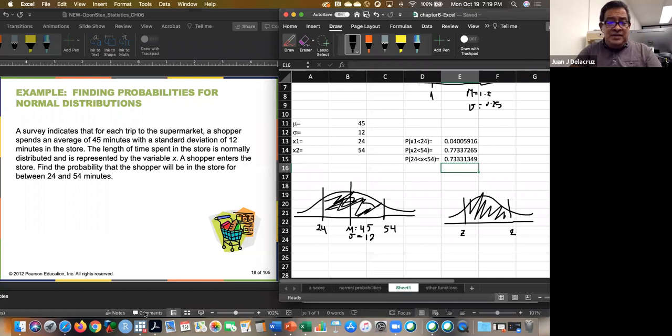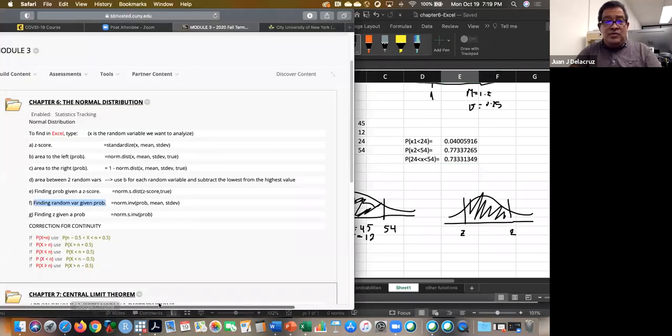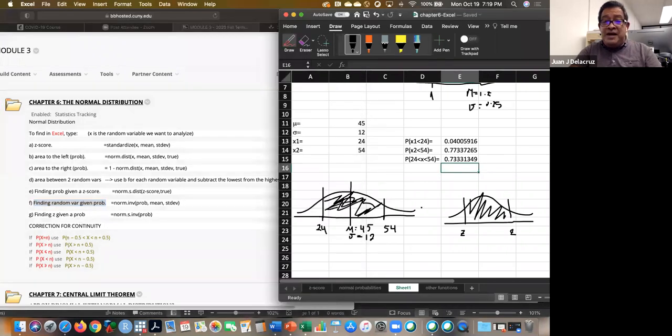So let me go back to this because I am already puzzled finding the Z-score given a probability. So here I said before, we don't know the Z-score, right? But I know the area under the curve to the left, and I know the area under the curve for 54.